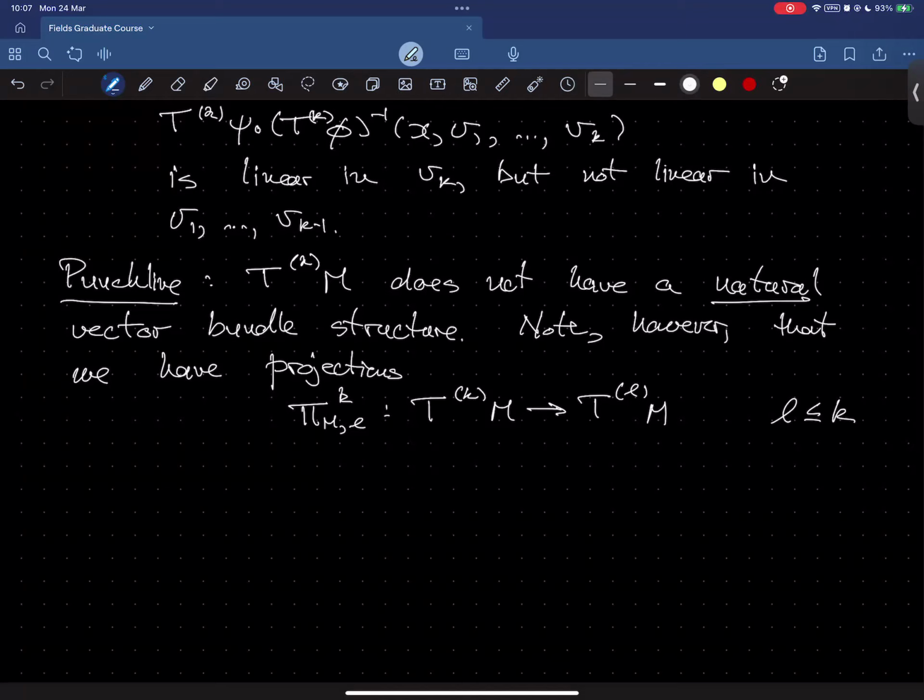This is just saying that if you have a kth order tangent vector, meaning curves that are equivalent up to order k, then you also have an lth order tangent vector, because if it's equivalent up to order k, then it's also equivalent up to order l. So you have these projections like this. And so you can organize these things into a diagram.